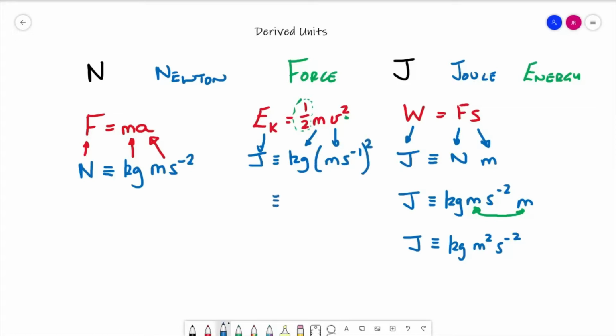When we square that unit, we obviously leave the kilograms alone, and we square both of the things inside the brackets, so we end up with meters squared. We start with per second, and therefore we end up with per second squared. And hopefully, unsurprisingly, you can see that we've used a different equation for energy, but we've ended up with exactly the same answer as we did before.